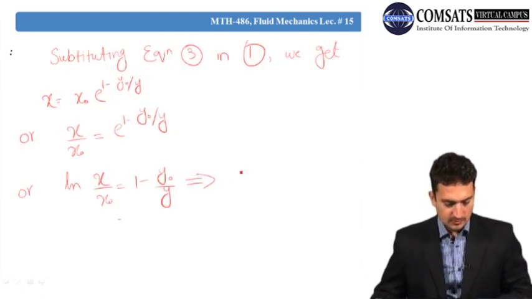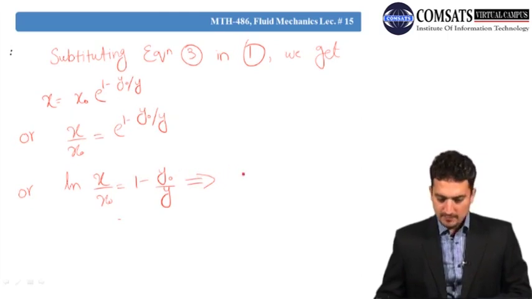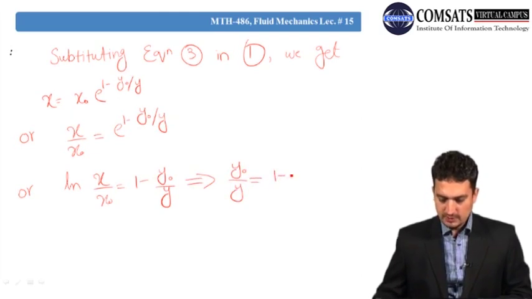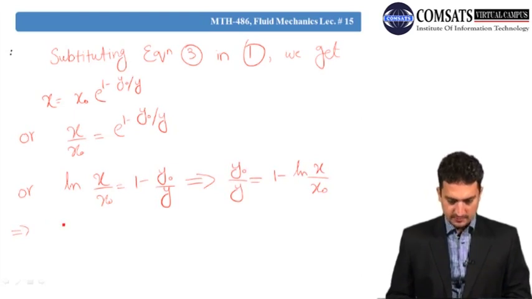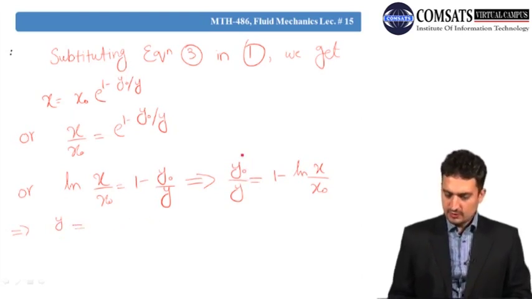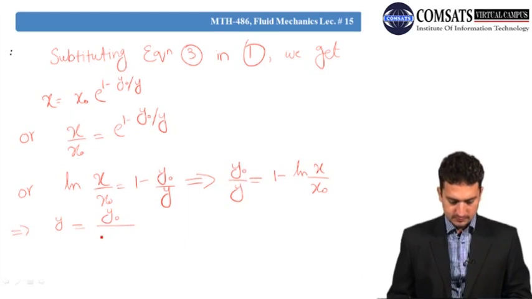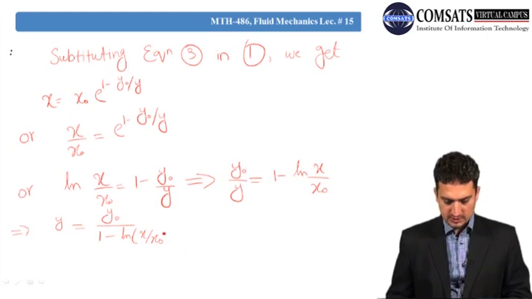Or simply y naught over y is equal to 1 minus natural log of x over x naught. Yet again you can say that y is equal to, we have inverted this, y naught over 1 minus natural log of x over x naught.